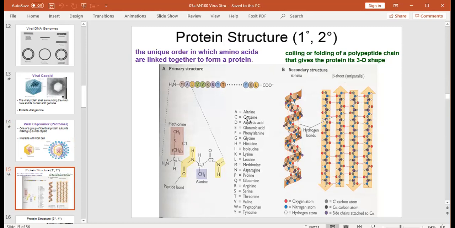And once these amino acids, which constitute a polypeptide chain, coil or fold, they give the protein a 3-dimensional structure, and that is called the secondary structure of a protein.